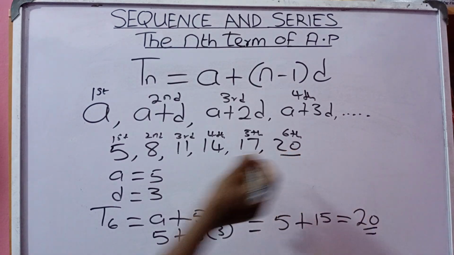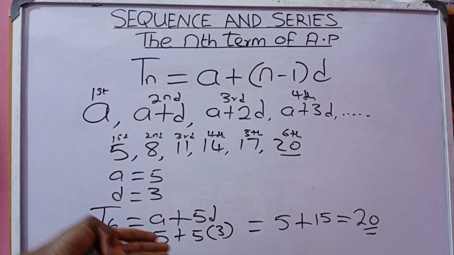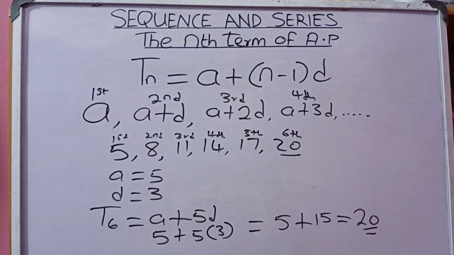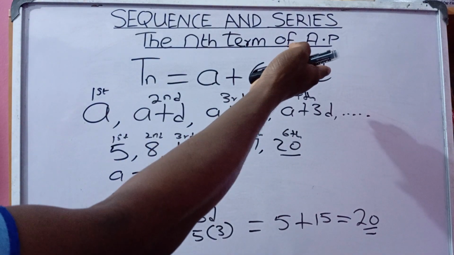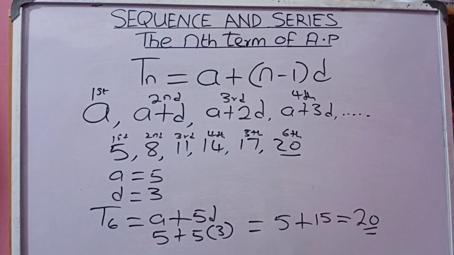That will give us the sixth term of this particular sequence. We can use this same format to get the 100th term, 1 millionth term, any kind of term within an AP. So if you don't make use of this formula, you can as well make use of this particular order that we have derived here. Now let's take some other important questions regarding the nth term of AP.